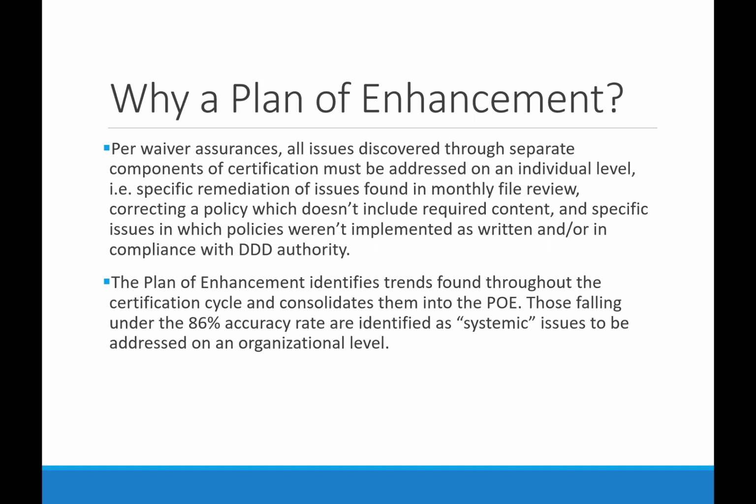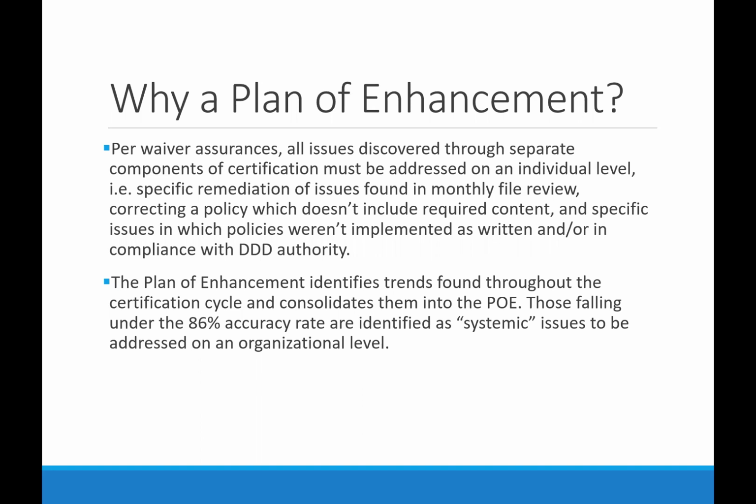The Plan of Enhancement identifies trends found throughout the certification cycle, which is 2 years, and pulls them all together into a Plan of Enhancement. Any element falling below the 86% accuracy rate is identified to be a systemic issue within the organization and has to be addressed on a broader scale.